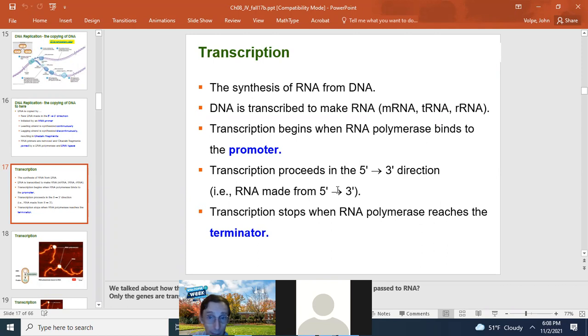The RNA polymerase moves down the DNA, making RNA, and transcription stops when the RNA polymerase reaches the terminator. The terminator is a region of the DNA that codes for the RNA polymerase to fall off. Once it falls off, transcription stops.